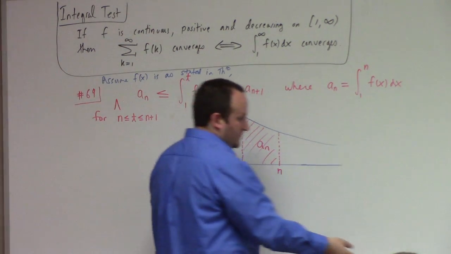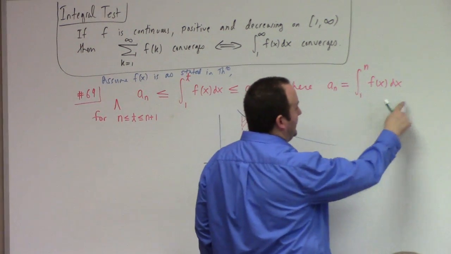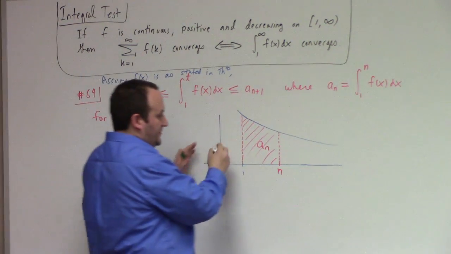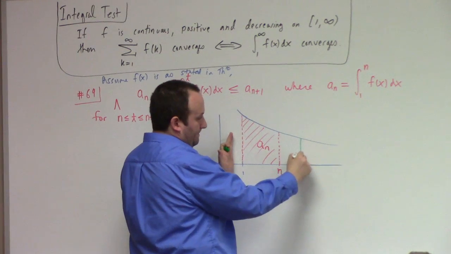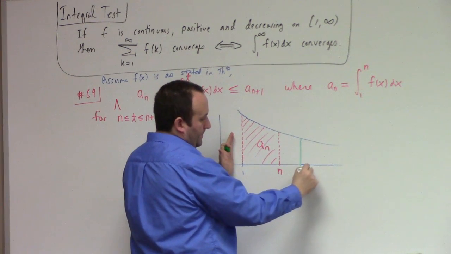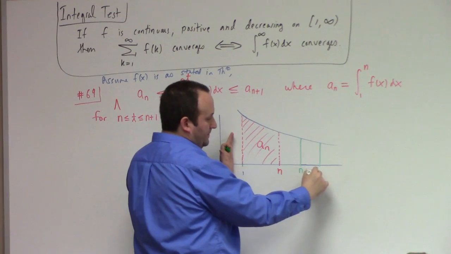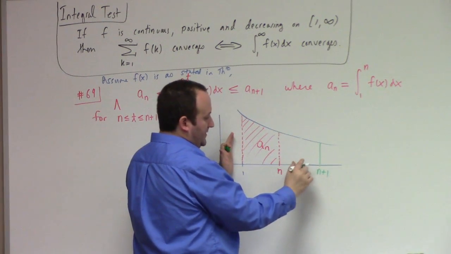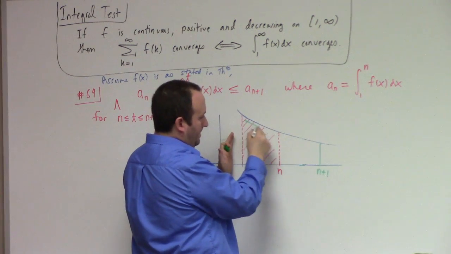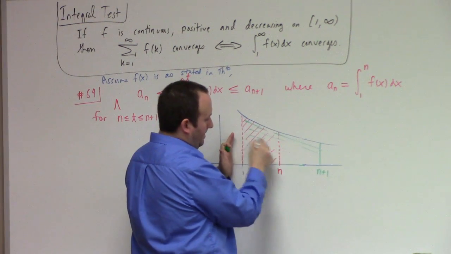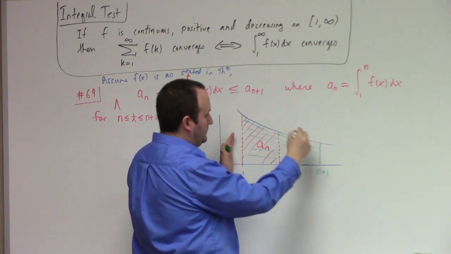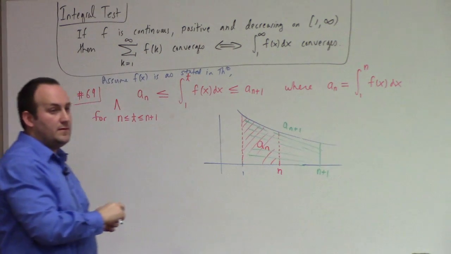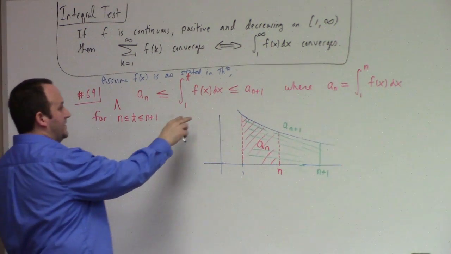Given this, we're defining a sub n to be the area integral from 1 to n. A sub n plus 1 would be just keep going a little bit further, right? Let's say this is n plus 1. So that would be that whole area.